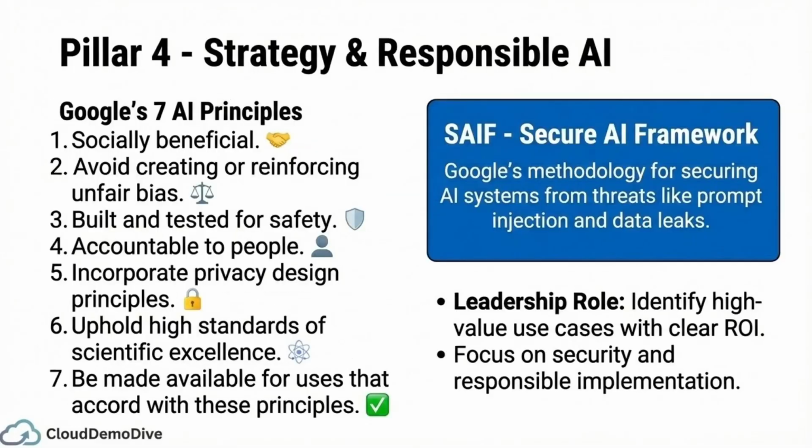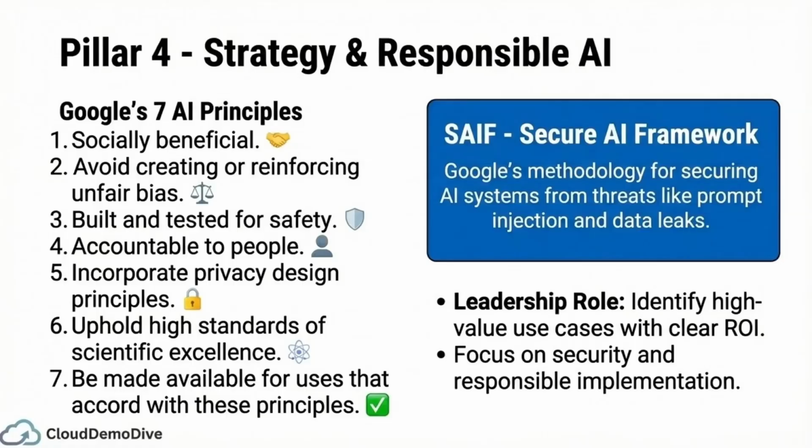Next one is strategy and responsible AI. This is the fourth pillar. Finally, leadership. Google is big on responsible AI. Because nowadays you can create so many things using AI, you should use AI responsibly.